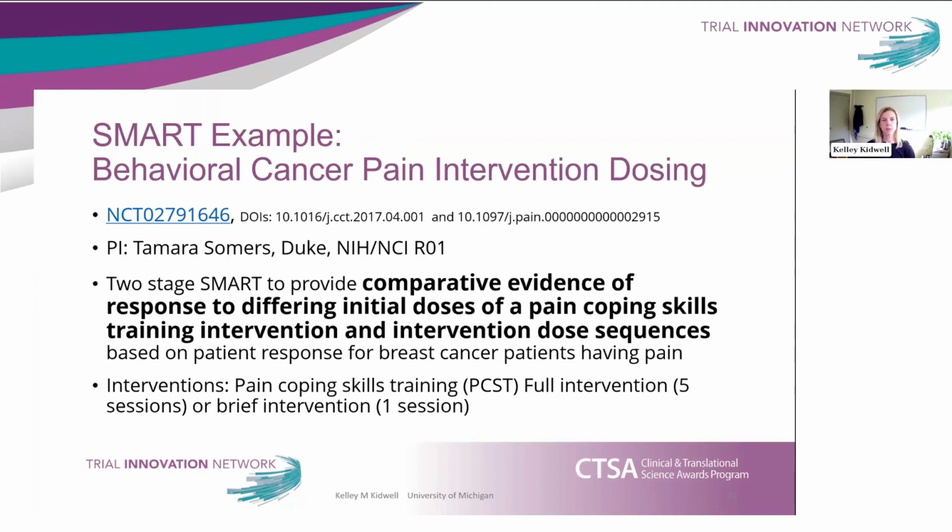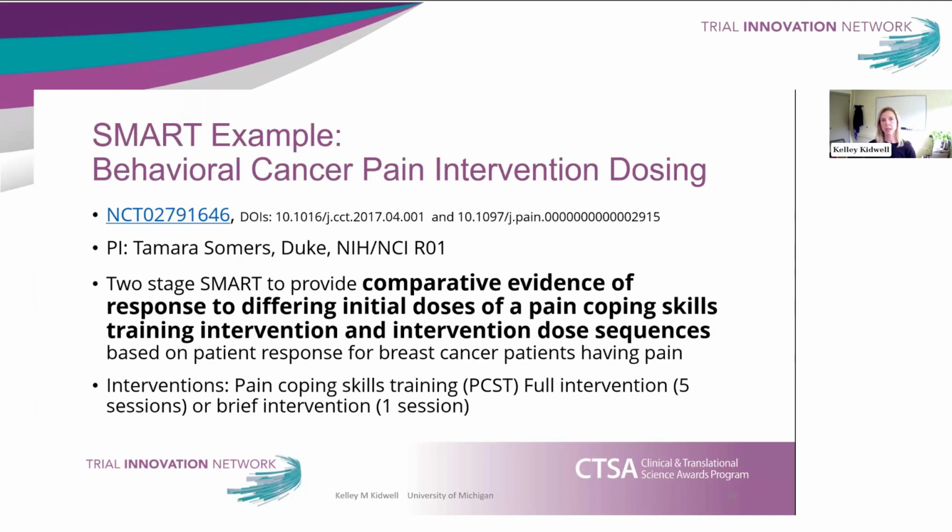So this is a recent SMART on behavioral cancer pain intervention dosing, run by Tamara Somers at Duke, and it also included Eric Laber, who's been amazing in the SMART space in terms of methods. I have the clinical trials information here, but what's also really awesome about this SMART is that they have both a protocol paper and a primary results paper.